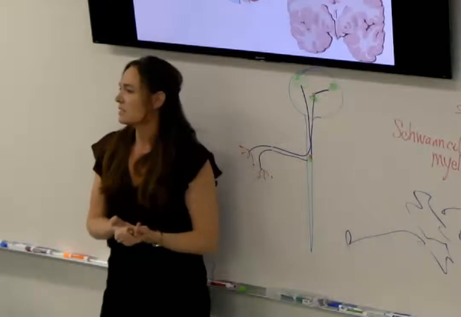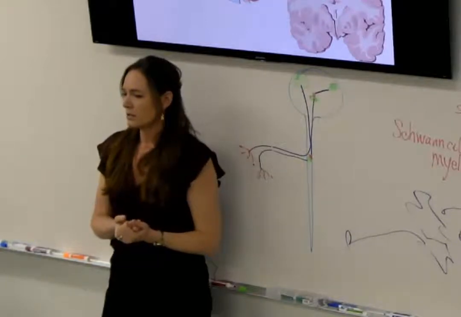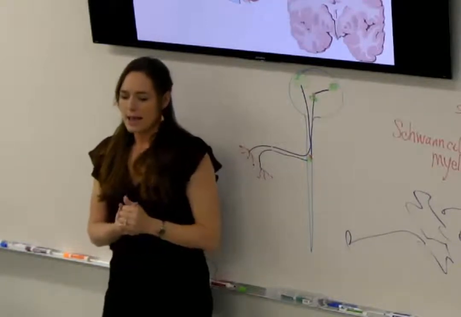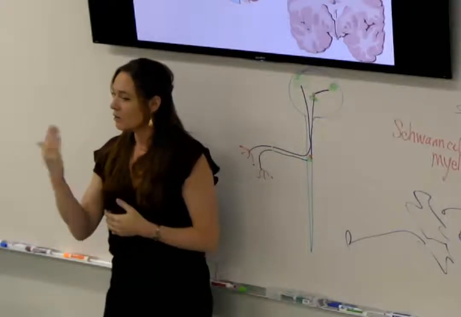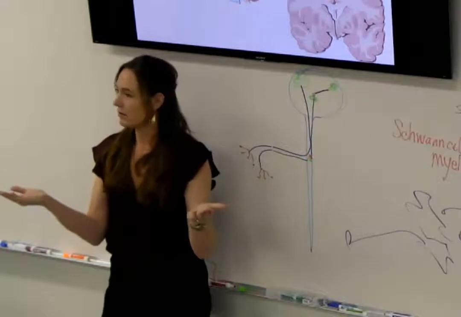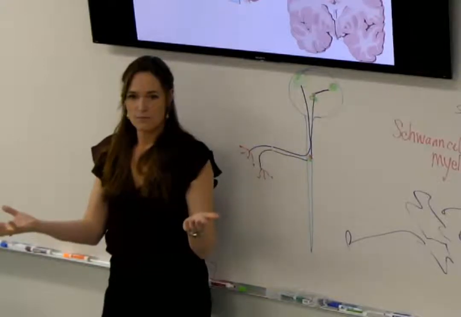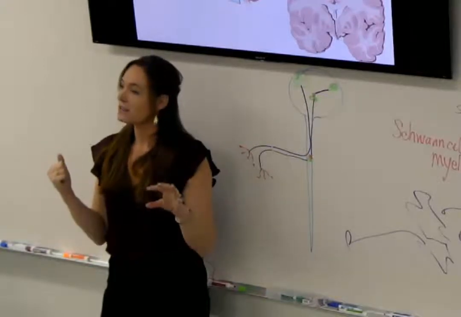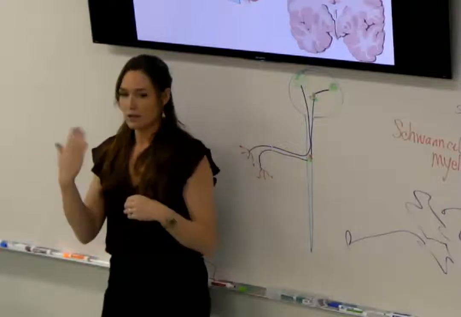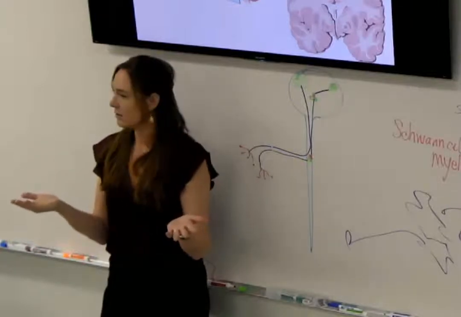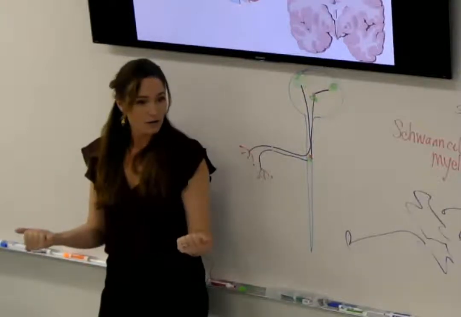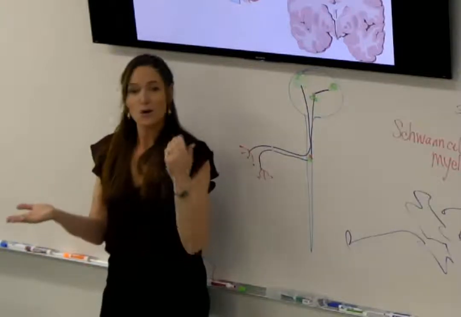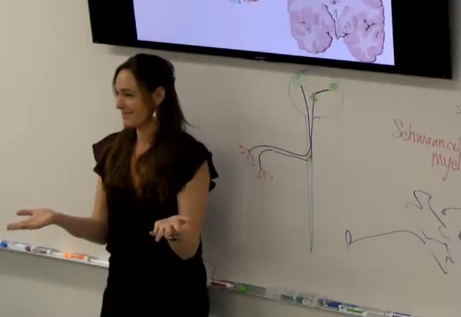So let's think of some test questions that I might ask you about this. I might say, dendrites are found in white matter or gray matter? Gray matter. Axon terminals are found in white matter or gray matter? Gray matter. Neurotransmitters are found in white matter or gray matter? Gray matter.